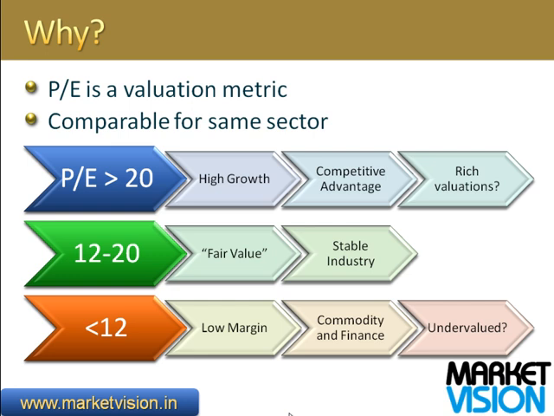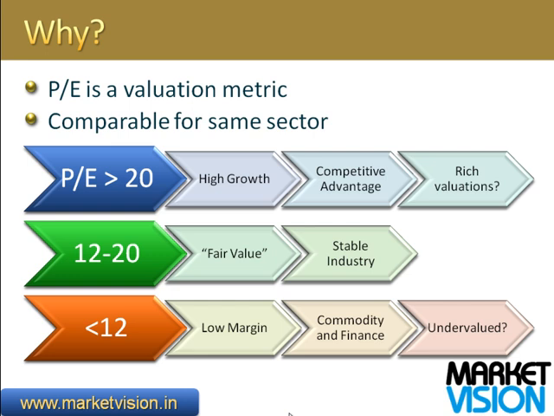Effectively, PE is the number of times earnings that you would pay for a stock. So if a stock makes 10 rupees a year and the market price is 100, the PE is 10. You expect that in 10 years, countering inflation and so on, or maybe 20-30 years, the 10 rupees will grow to 100. So even if the market price doesn't grow, the PE goes to 1, you'll still make back your money.